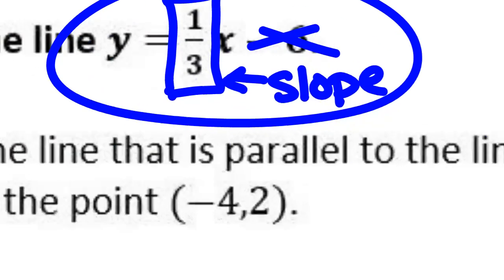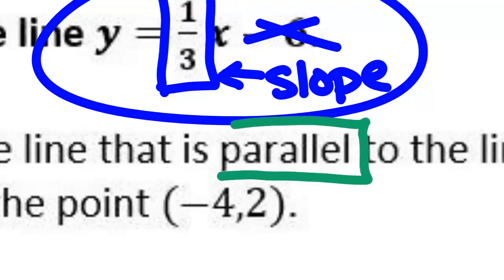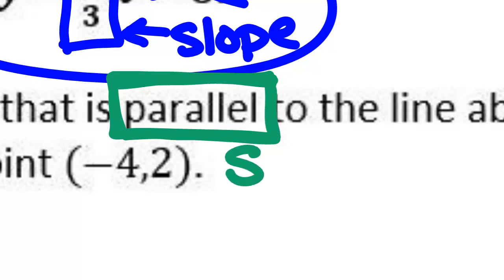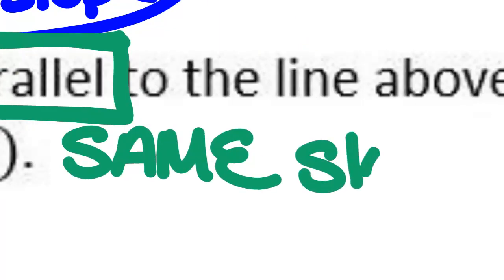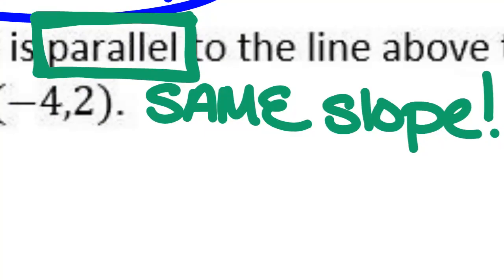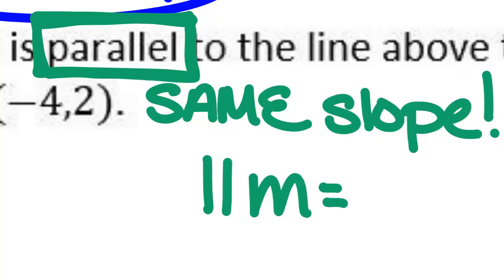Because then we're going to come down and we're going to graph a line that is parallel to that. What do we know about slopes for parallel lines? They are the same. Same slope. So my parallel slope is 1/3.